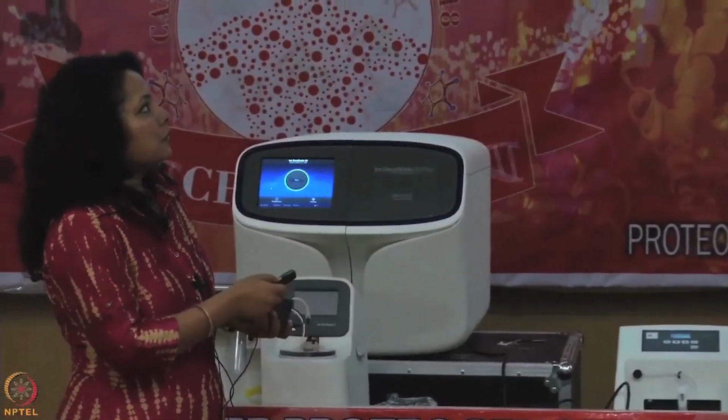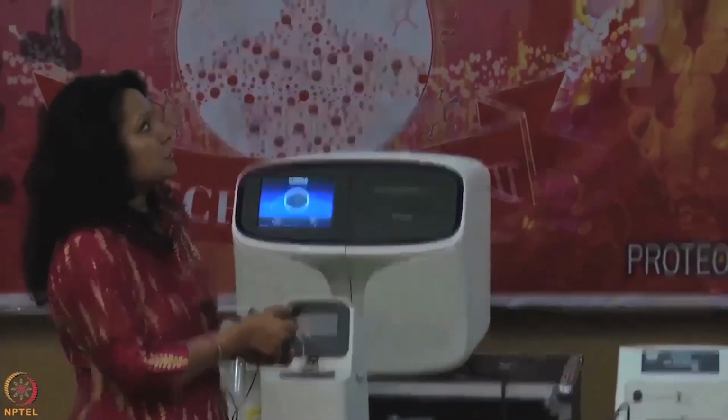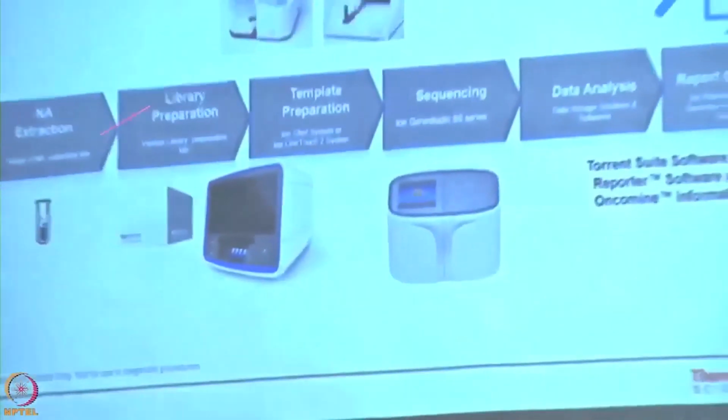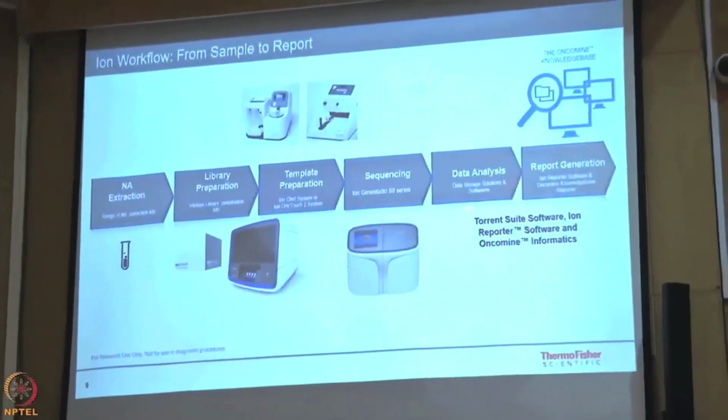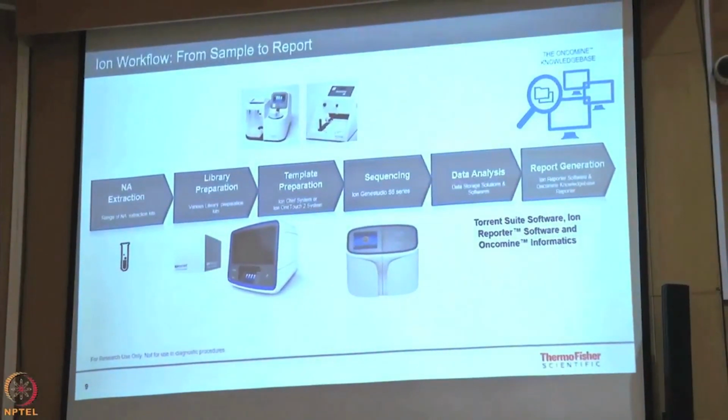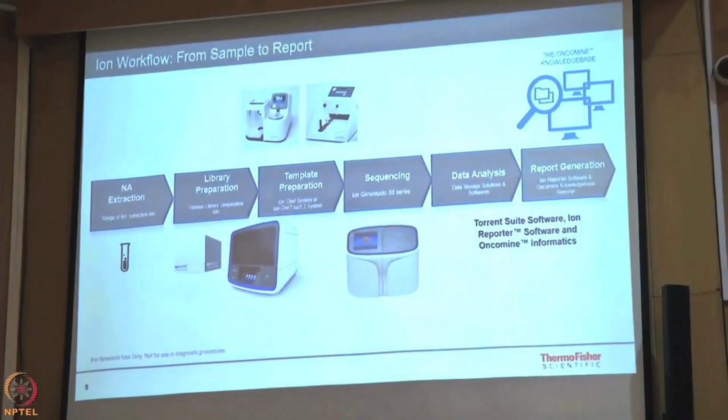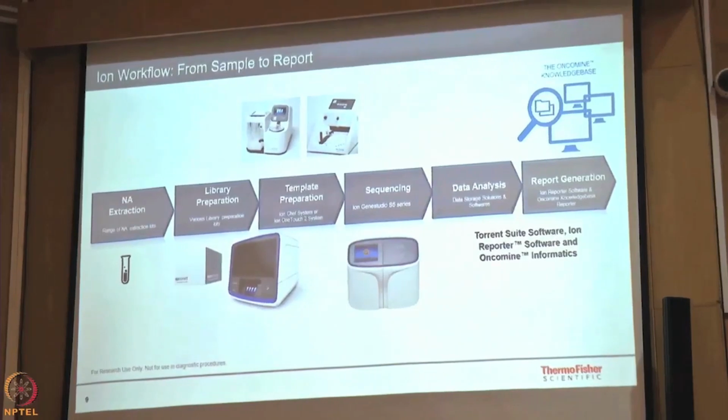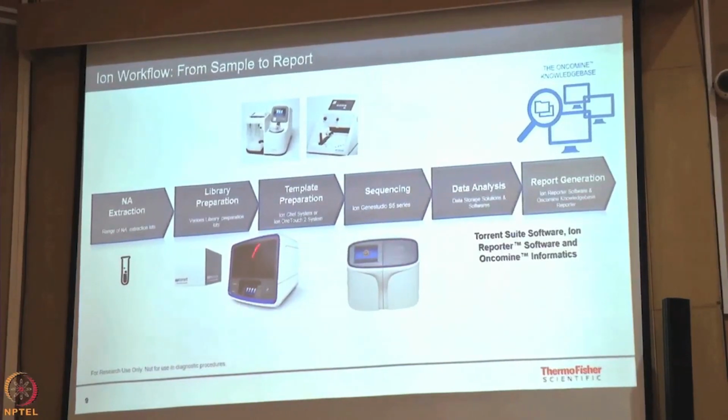So, we have two solutions. One is the semi-automated way which we have presented here. We can show you the videos for the fully automated way of sequencing, wherein you use an Ion Chef. So, you do not have to deal with One Touch 2 and enrichment. This Ion Chef serves two purposes.